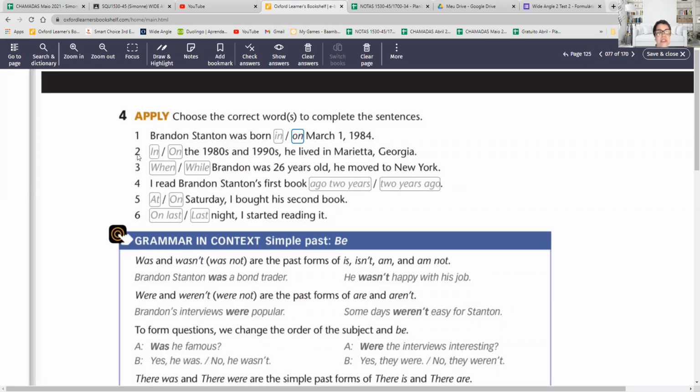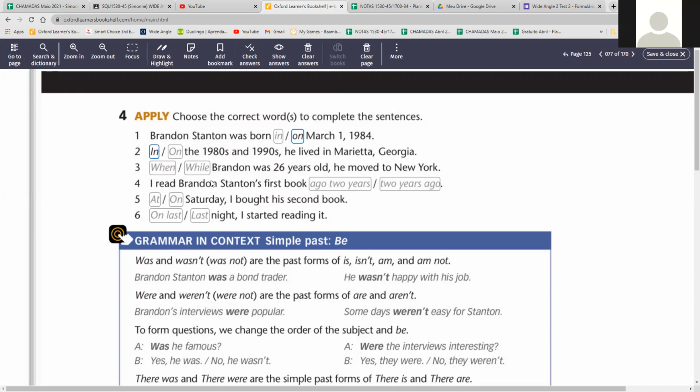Now, number 2, what did you put? In. Great. So, in the 80s and nowadays, he lived in Marietta, Georgia. Here, we are talking about decades.